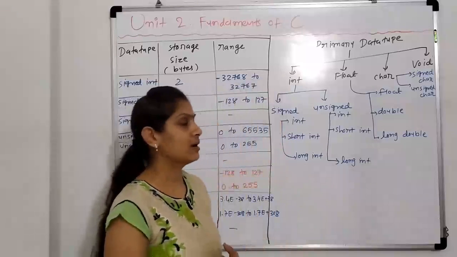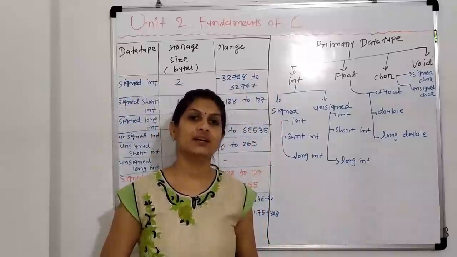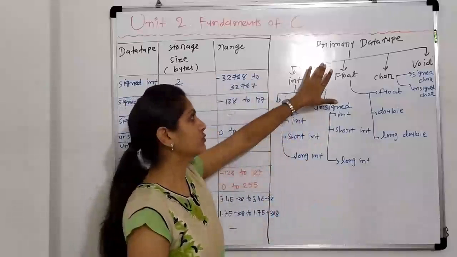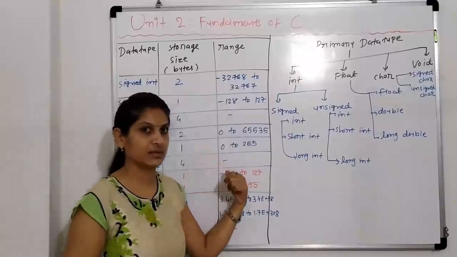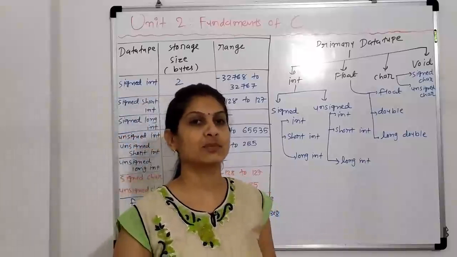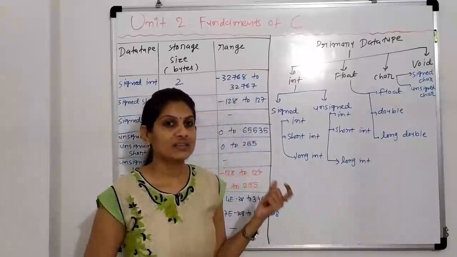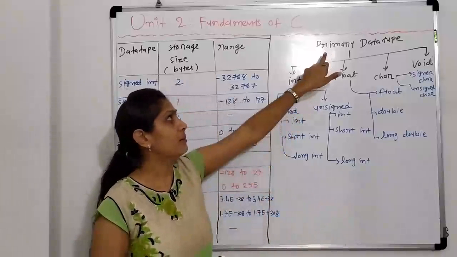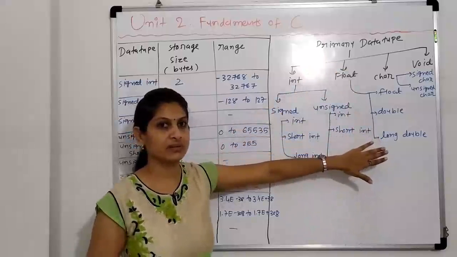Now, in the exam, suppose the question is given, explain primary data types. Then you have to draw this figure and another figure, and write down the explanation as we told here. Now, we start with the first, primary data types. This chart we discussed in our previous lecture.